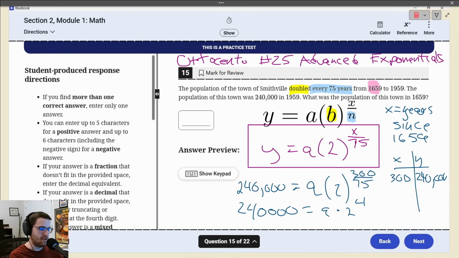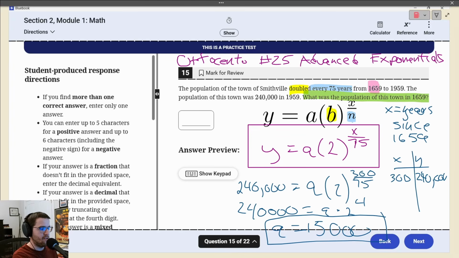So 240,000 divided by 16, we get A equals 15,000. And that's what they're asking us for, right? Because we defined X as the years since 1659, A, the initial value, is the population in 1659. So we're done. The whole point of this question was just they want you to understand and write the full equation for this exponential.